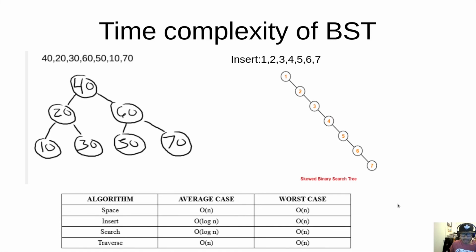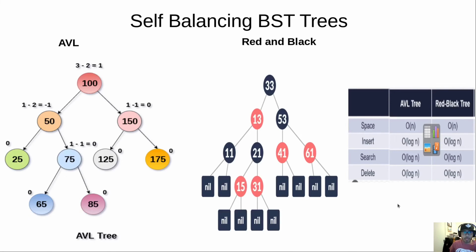So how do we solve this problem? We use self-balancing trees. The self-balancing binary search trees are AVL trees, which balance themselves by weight, that is, by their left side and right side, and then we have red-black trees, which balance themselves by colors.